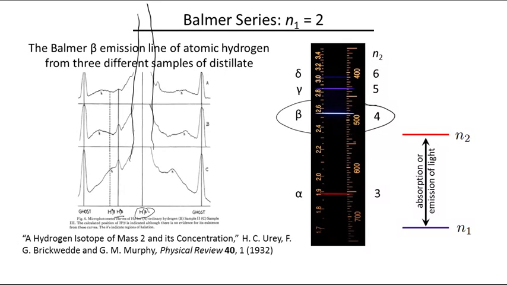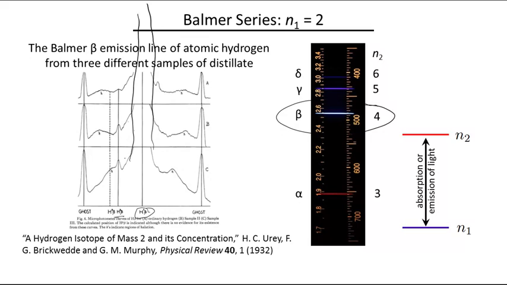And now here is the prediction from the Bohr theory of where an isotope of mass 2 should be. And you see that these three curves are spectra taken under different hypothetical concentrations of the heavy isotope. And so the predicted feature grows as expected.